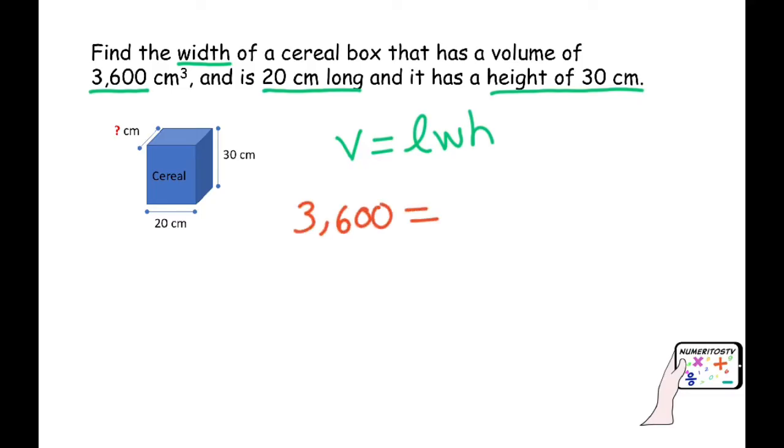That will be equal to the length, that is 20 centimeters, times the width, that is not given. So I am going to use the variable W, and the height is 30. So I just substitute all the values given in my formula of volume.